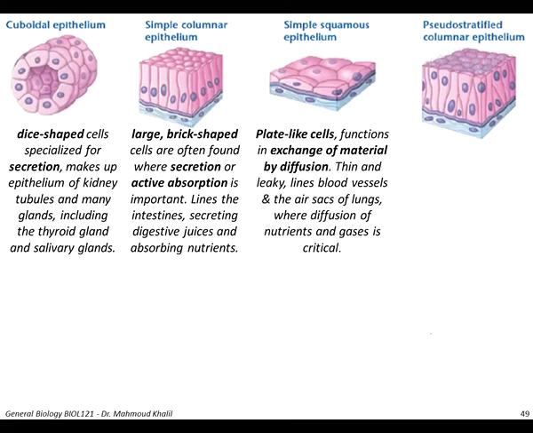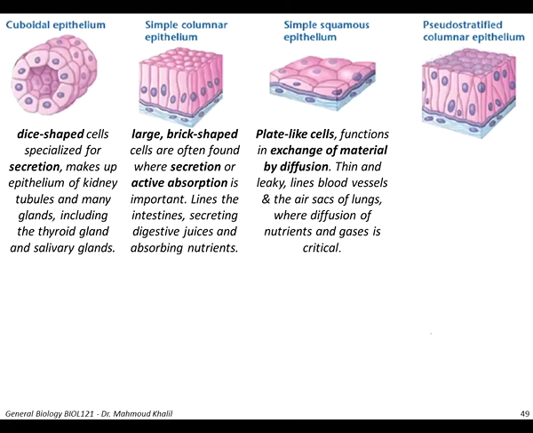While the other type is the simple squamous epithelia, which are plate-like cells, whose main function is material exchange by diffusion. These are the leaky linings of blood vessels, so it's a major lining of blood vessels and the air sacs of the lungs.